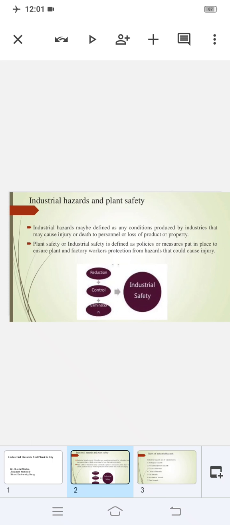So what will be industrial safety, or plant safety, or employee safety? It can be referred to as the protection of the workers from the danger of industrial accidents. There are n number of conditions and consequences present in the industries.